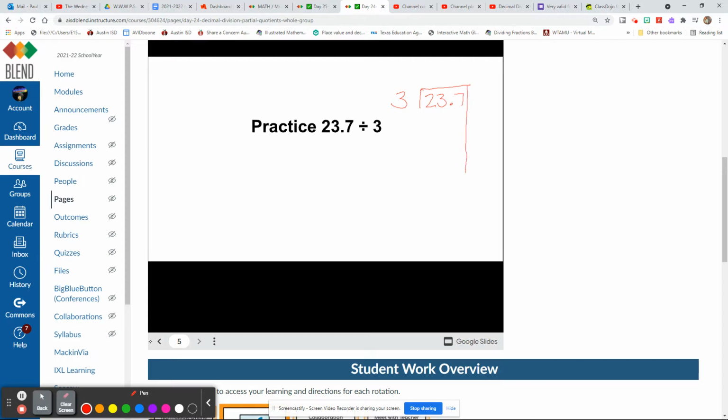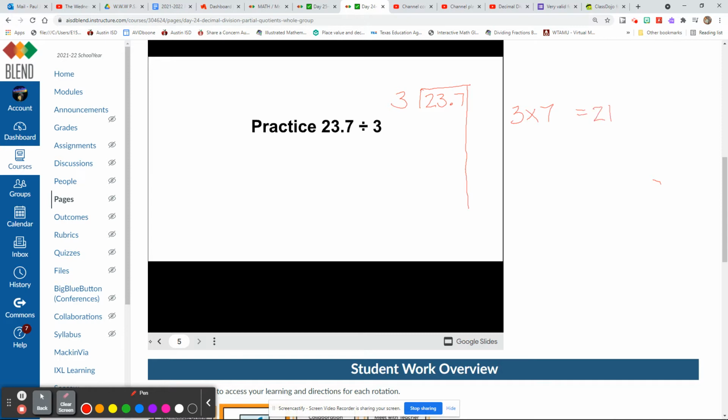All right, so partial quotients, let's go ahead and put our line to keep our stuff separate. The first thing we think about is how many groups of 3 can we take out of 23? If you think about it, 3 times what equals 21? Because if we think about our zeros trick, 3 times 7 equals 21.